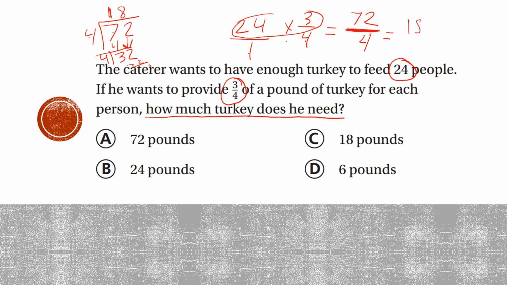So the total is 18. It's a whole number. So C is my answer. I liked how they worked out. Sometimes it works out that way. If you look at my choices, there are only 2 reasonable answers, 18 and 6. It couldn't be 72 because that's what I started with. Couldn't be 24 because that's what I started with.